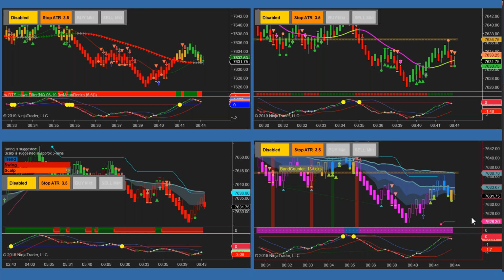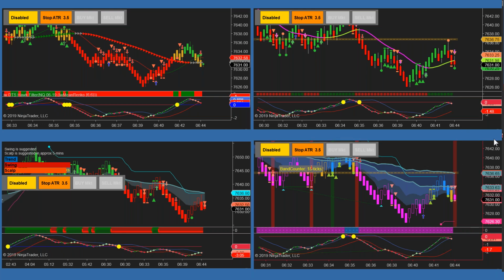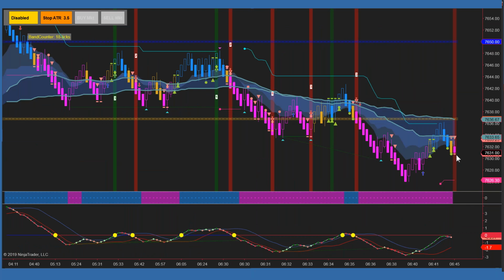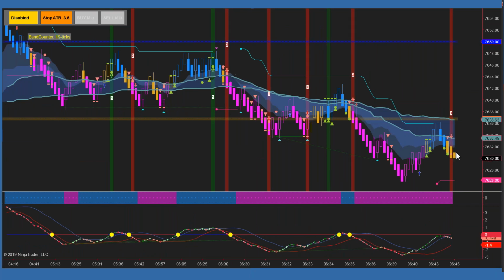All right, a mild reaction so far. But what we're looking at here on the Raptor, well, we just produced a hard edge bounce signal. This may translate into a number 2 signal as well, a test of the extreme.